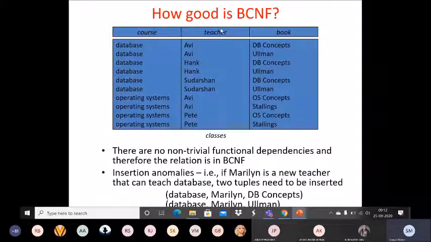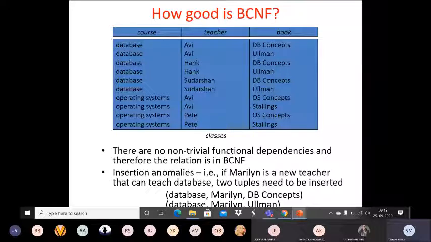Because if one teacher is teaching two books, DB Concept and Ullman, and a new teacher joins, we have to put two tuples. Otherwise, the table will go to an inconsistent state.